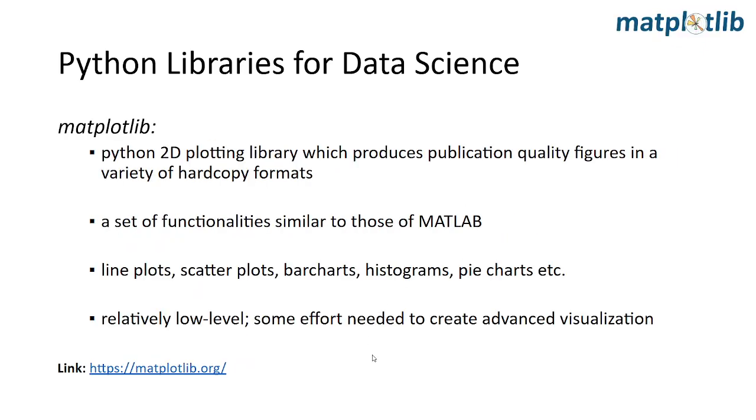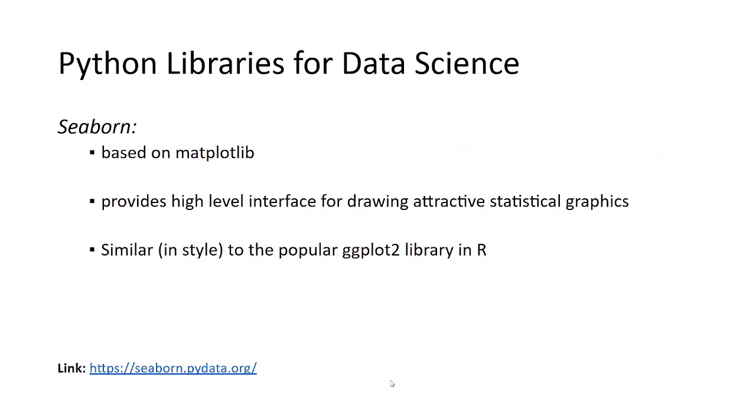Then for visualization, we have Matplotlib, which helps you visualize the data almost similar to the MATLAB environment. As an extension, if you are looking for statistical visualization, there is one more library known as Seaborn, which is based on Matplotlib and has almost all features related to the statistical graphics required for the statistical domain.